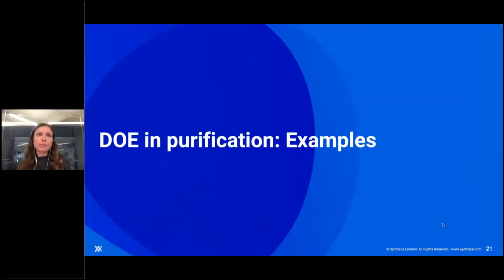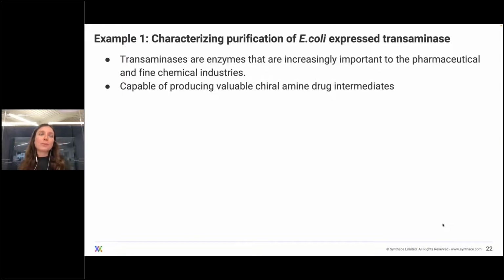So next up, I'm going to dive a bit more into specific examples in how to use DOE in purification. So for one, I will be showing data, but for another, it will be more of a theoretical walkthrough. So first up, we were trying to basically characterize purification of E. coli expressed transaminase. So transaminases are enzymes that are becoming increasingly important in the chemical industries.